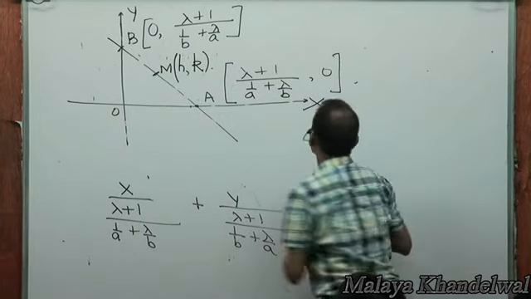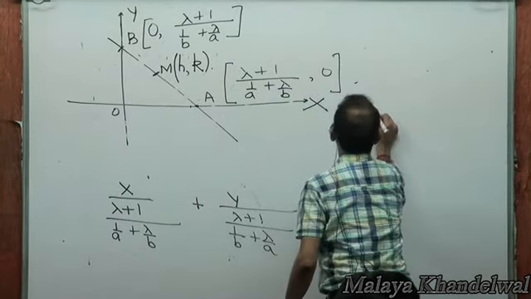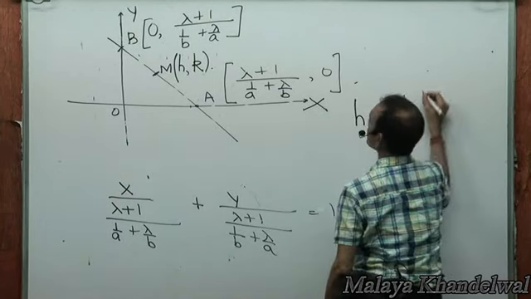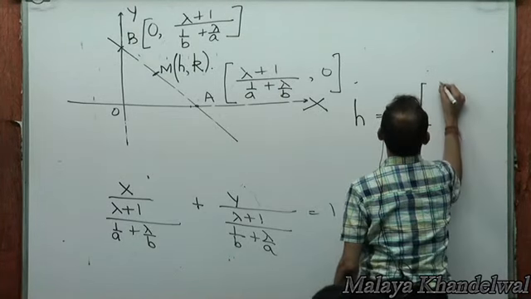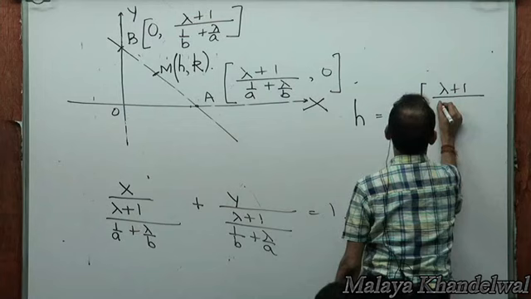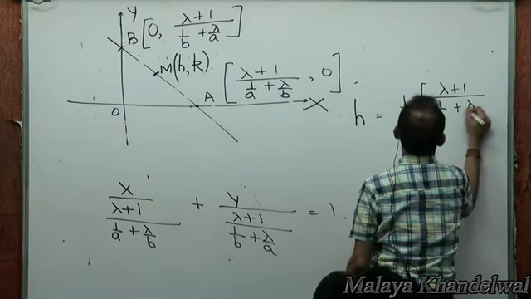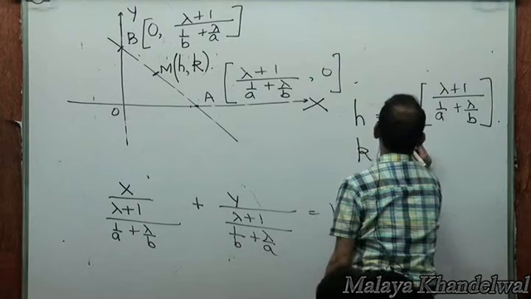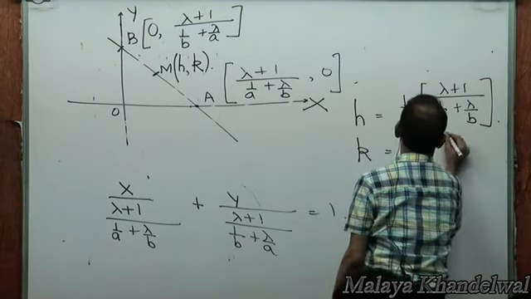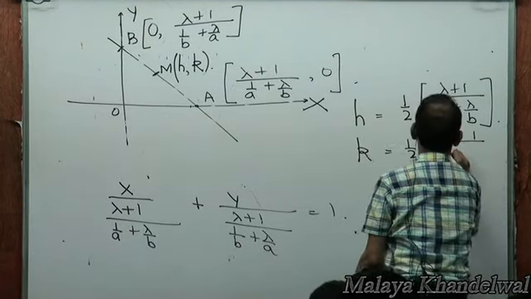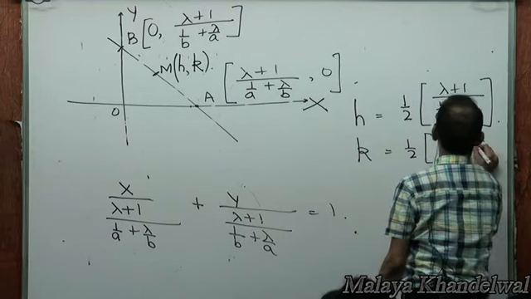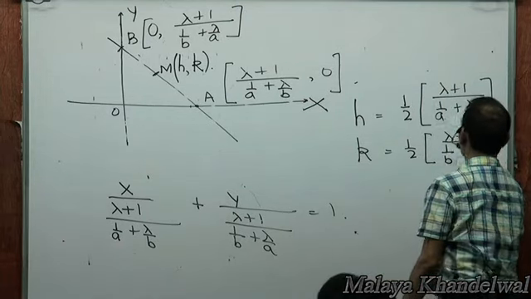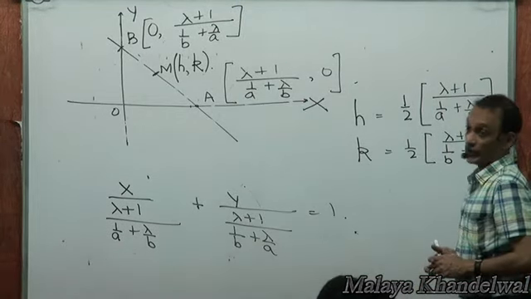So h is half of (λ+1)/(1/a + λ/b). k is half of (λ+1)/(1/b + λ/a). What am I trying to do here?